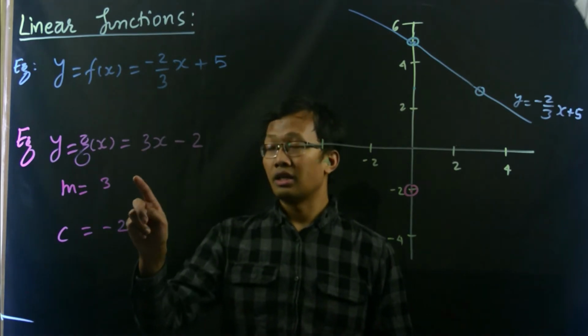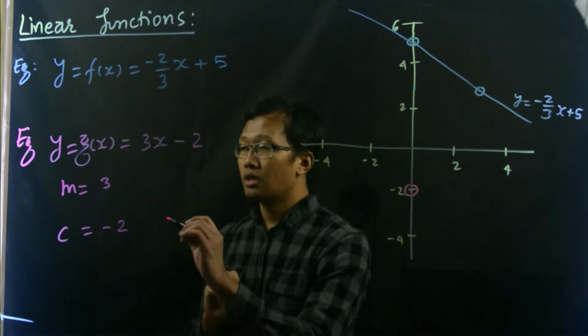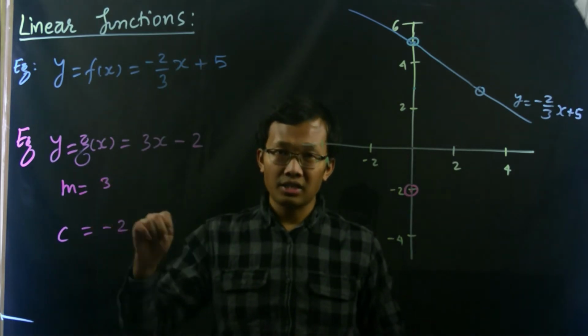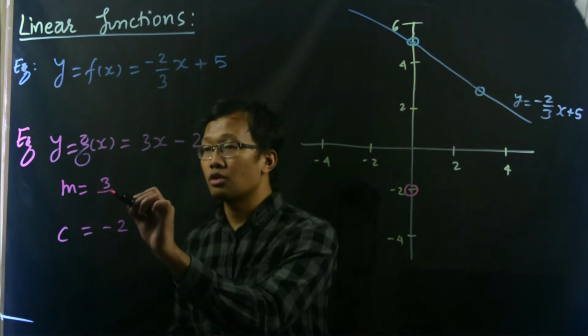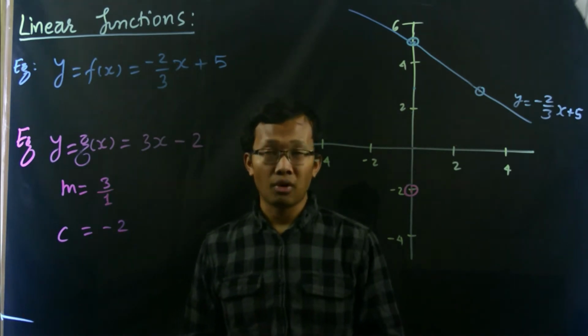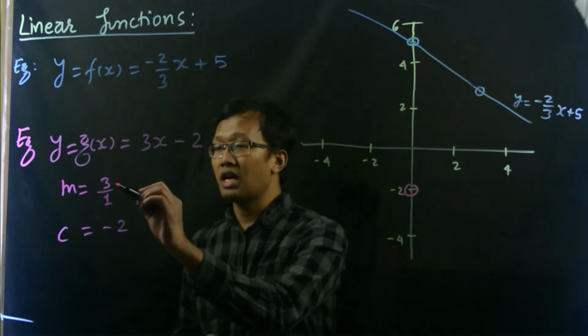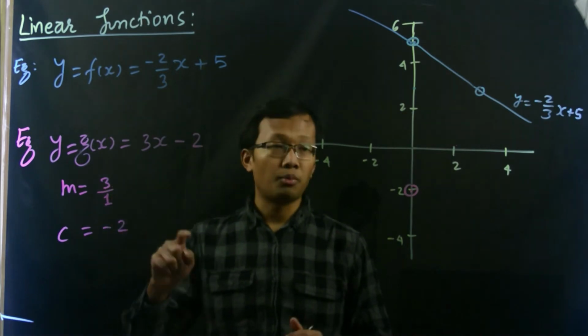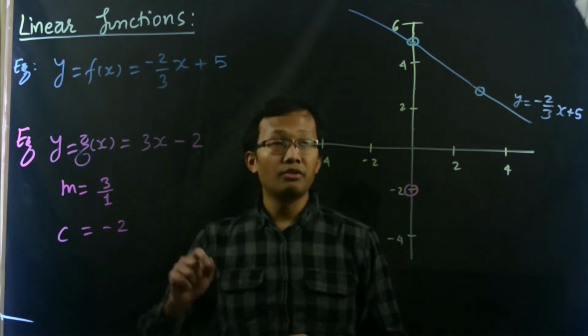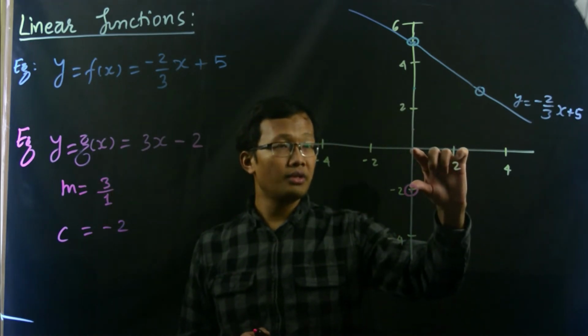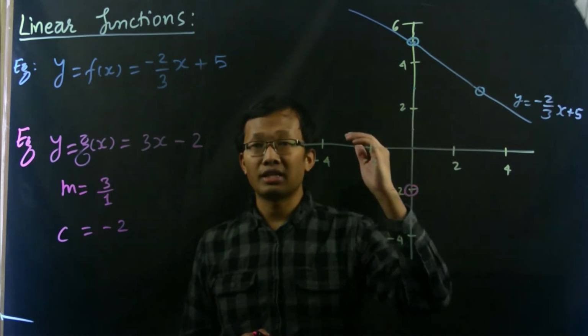And in 3x, 3 is the slope. We don't have a fraction here to come up with rise and run, so I can write 3 by 1 for 3. This is the rise and this is the run. 3 units upward in the vertical axis, so that's 2 units and 1 unit upward, that's 3 units.